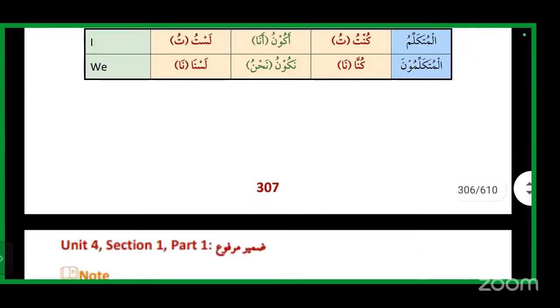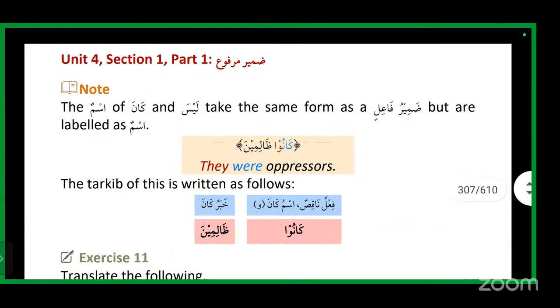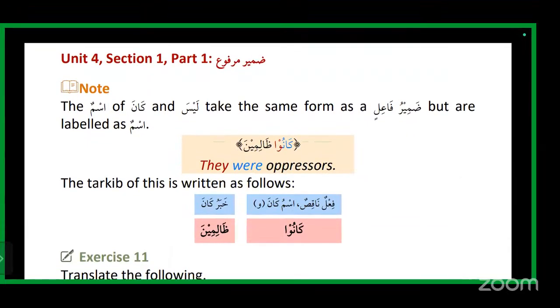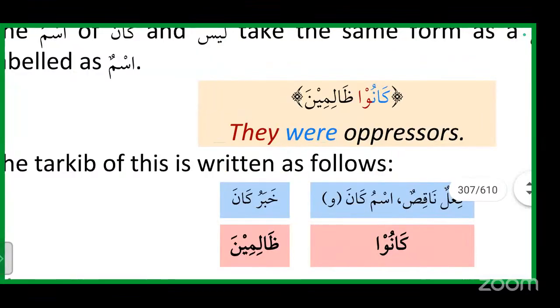Moving on to page number 308, Unit 4, Section 1, Part 1, Zamirun Marfu'un. Note, the ismun of kana and laysa take the same form as the zamir fa'il, but are labeled as ism. For example, kanu zalimin.